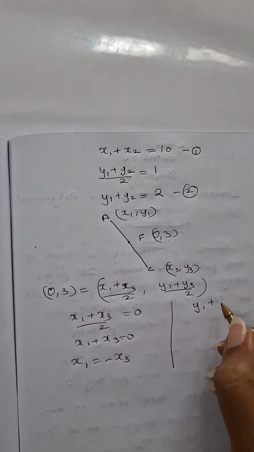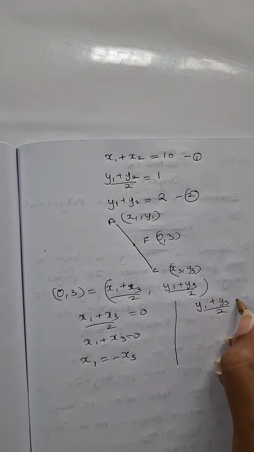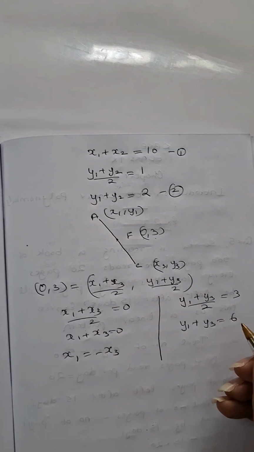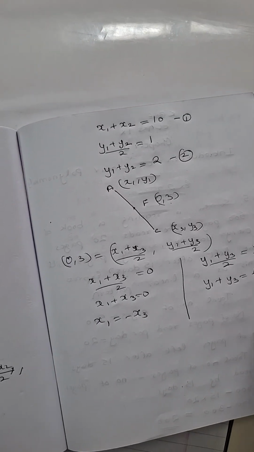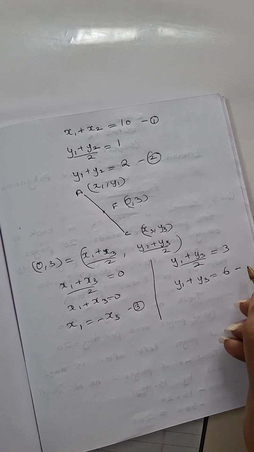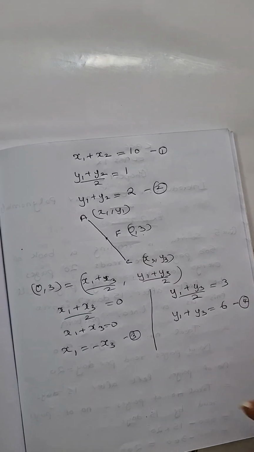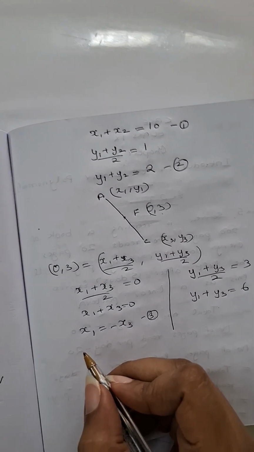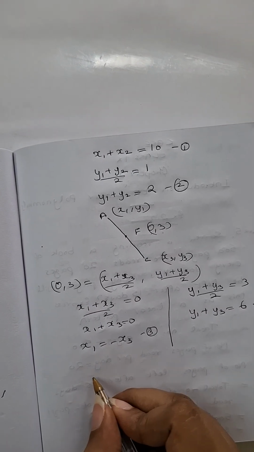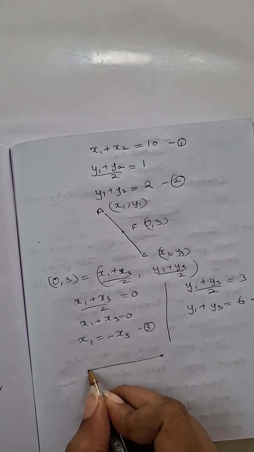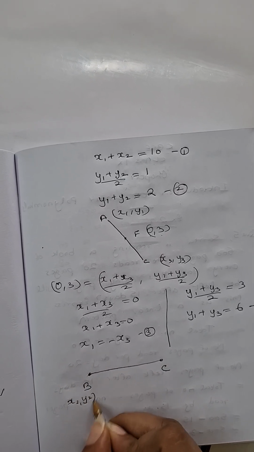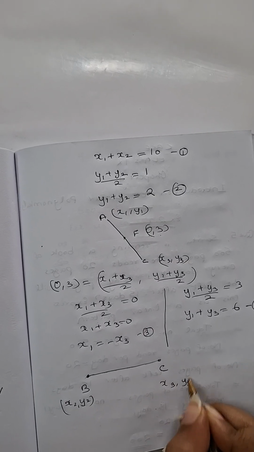y1 plus y3 by 2 is equal to 3. y1 plus y3 is equal to 6. So equation 3 and equation 4. So now I am taking the line BC, with (x2, y2) and (x3, y3).